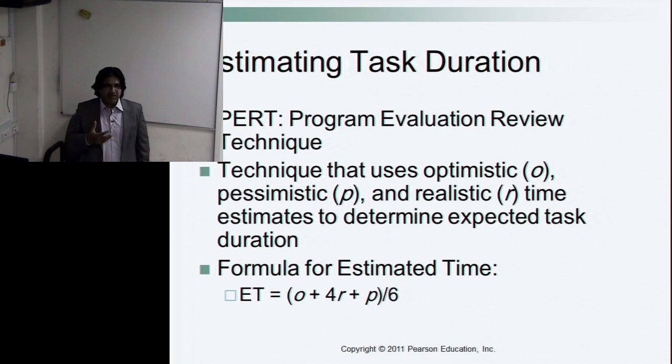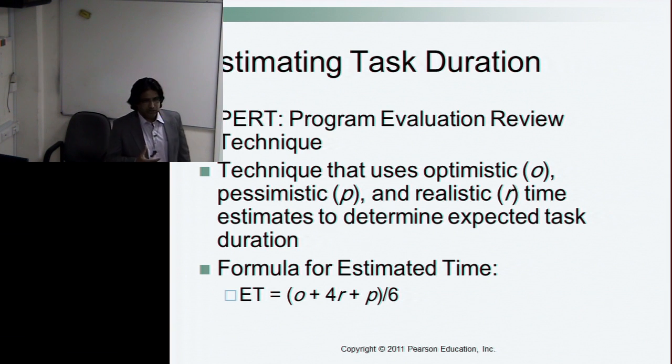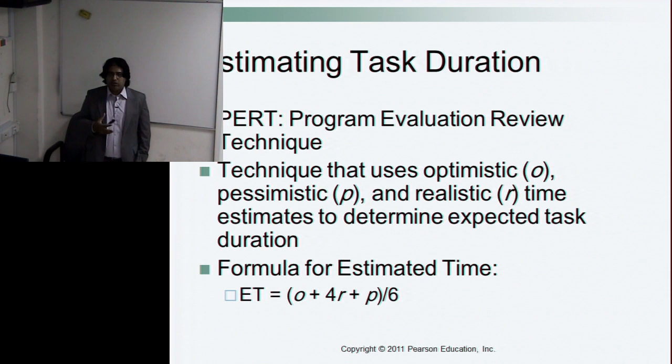When you are preparing a project plan, in the project plan you also mention the duration of the project. Now, this duration depends on the durations of the activities. Summing up the duration for the activities gives us the overall duration of the project.